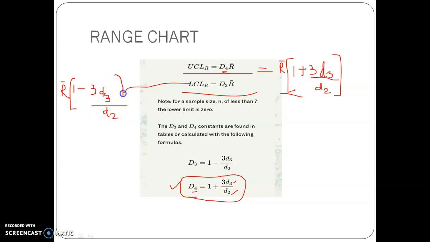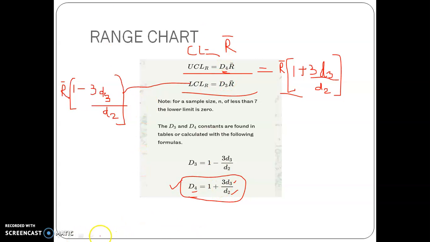Okay, so this will become the formula for lower control limit. And the control limit that we were calculating in case of R chart was R bar. And how we calculated R bar, that we will now see. So this is the alternative formula for your range chart.